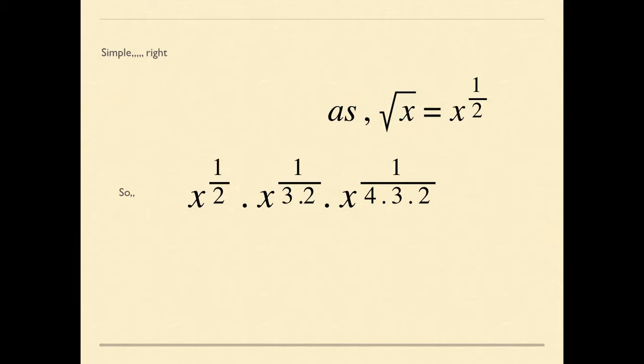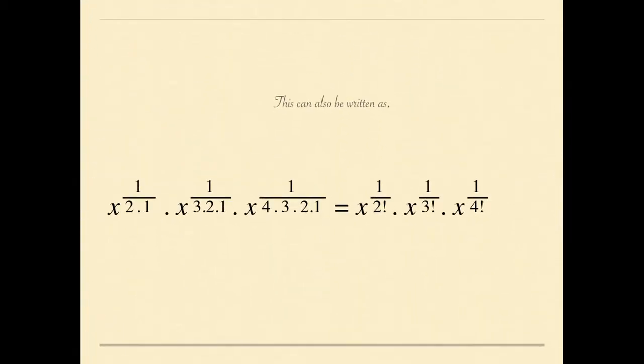Now what I do is I multiply the denominators of the power term. So every power I'm gonna multiply by 1, its denominators only. So I'll get this term: x to the power 1 by 2 times 1 times x to the power 1 by 3 times 2 times 1. So that's a basic understanding that it's a factorial term.